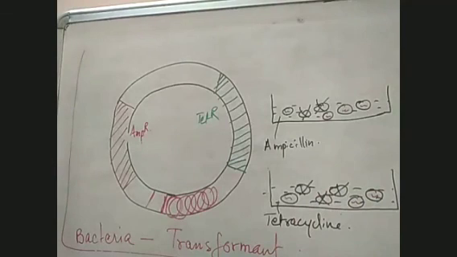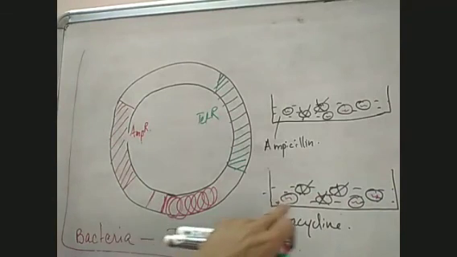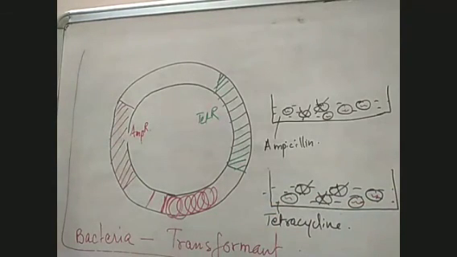So this is one of the methods by which these selectable markers can be used to separate the transformants from non-transformants, and then we can pick up the transformants and culture them for producing our gene, for producing the protein from the information which is given in the gene.